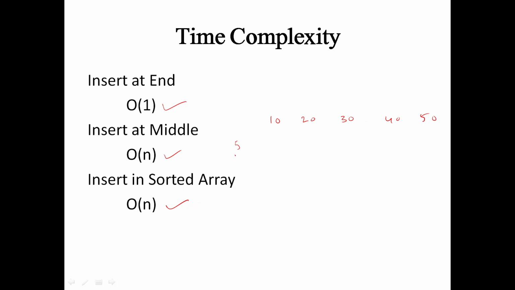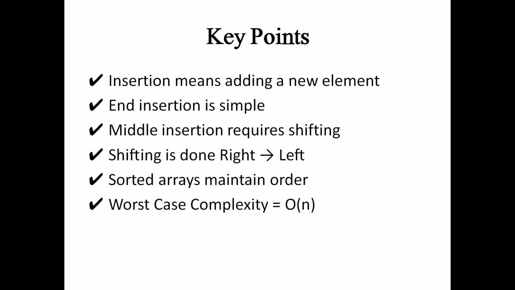As per the sorted order, I need to shift all the elements 50, 40, 30, 20, 10. There I get the required position. So mostly all the elements are to be shifted in the worst case. That is why insertion in the middle and insertion into a sorted array both take the time complexity of big O of n.